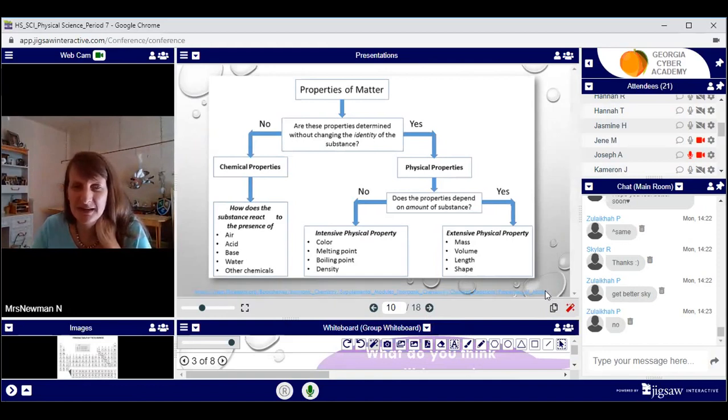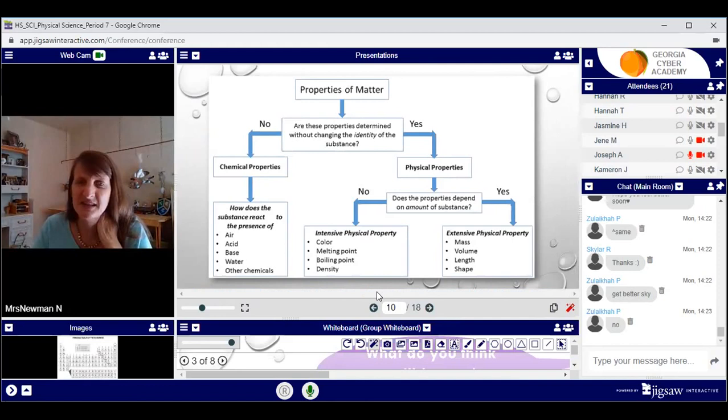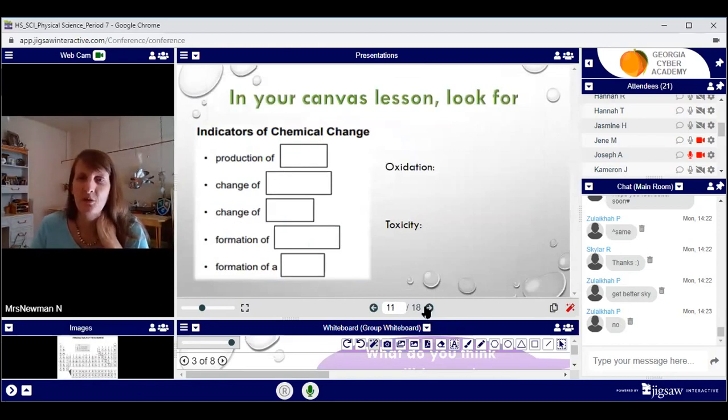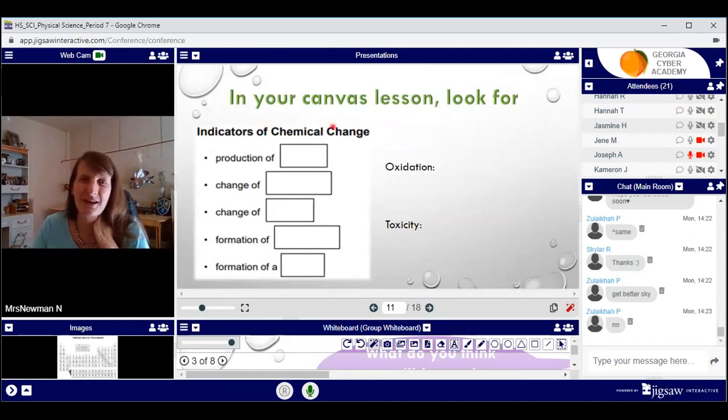If you do want the link, it's on the slide down there at the bottom. And I've released this, so when you get into the breakout room, you can take a look at it on the whiteboard. And while you're working through your lesson, this is what you want to look for. Those indicators, the 5 indicators of a chemical change. And then what is oxidation and what is toxicity.